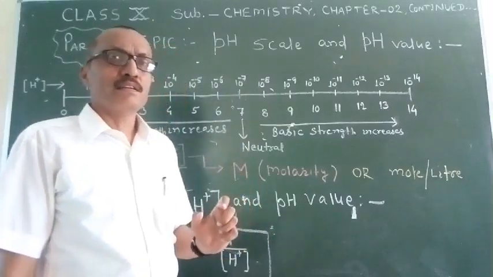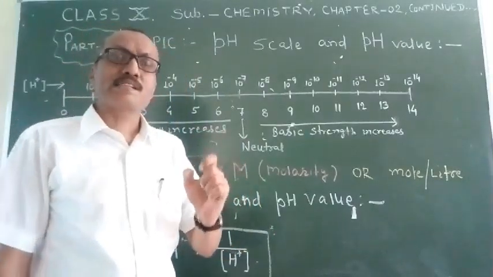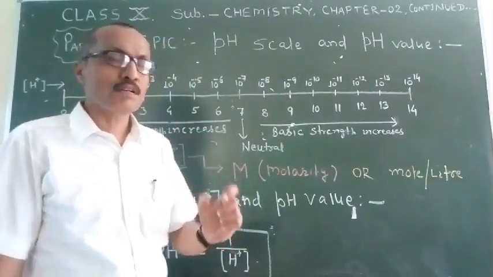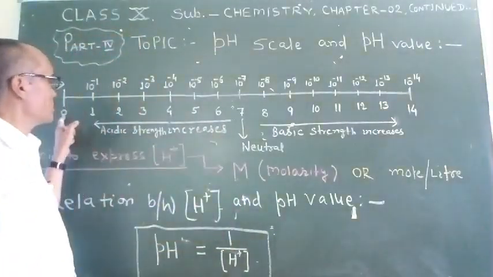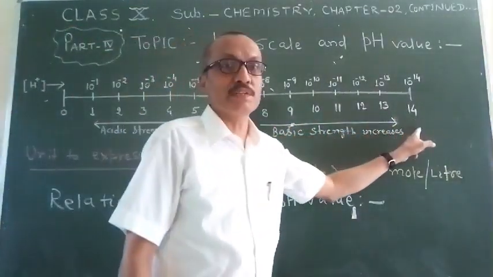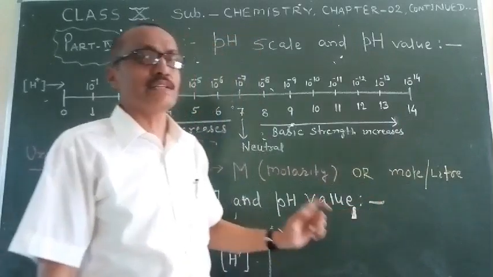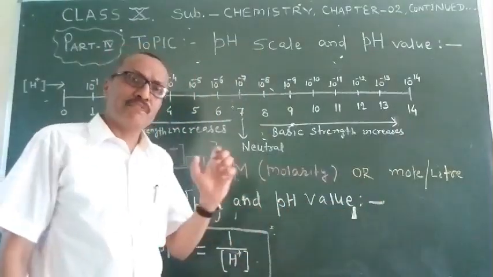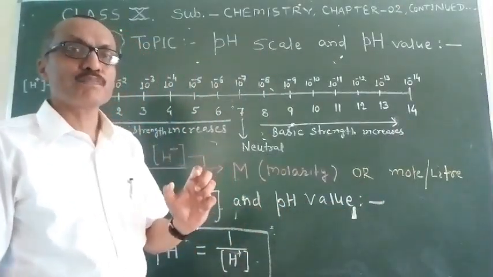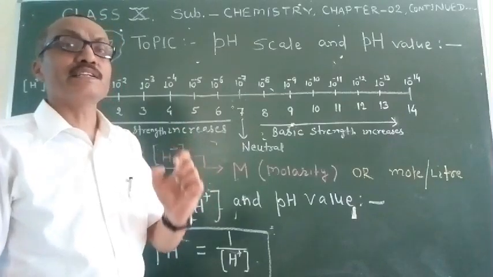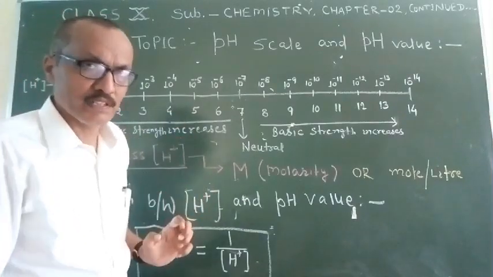pH scale is a scale of numbers from 0 to 14, and this scale was introduced by a famous scientist Sorensen in 1909.